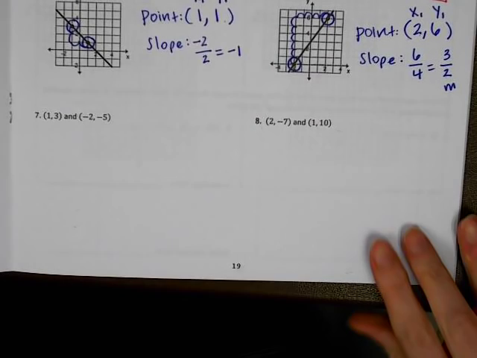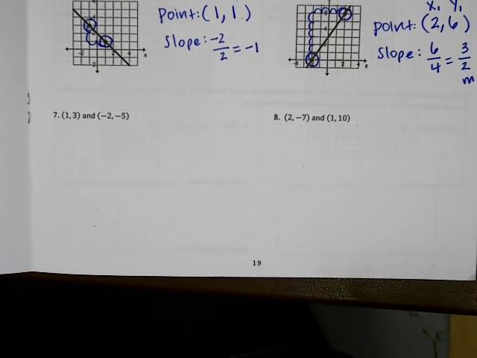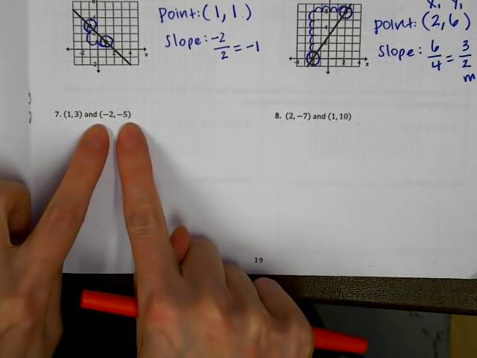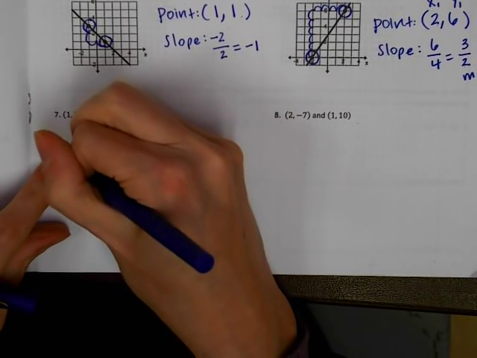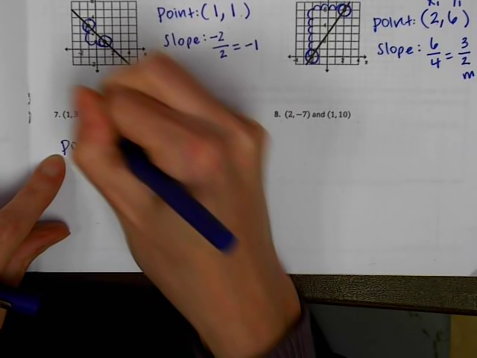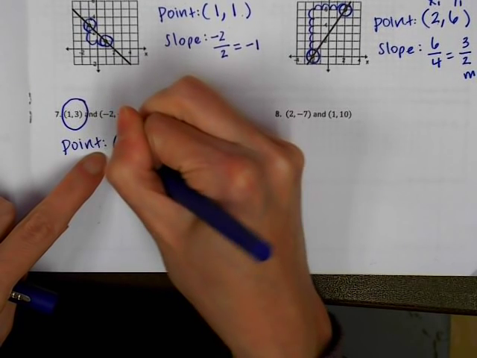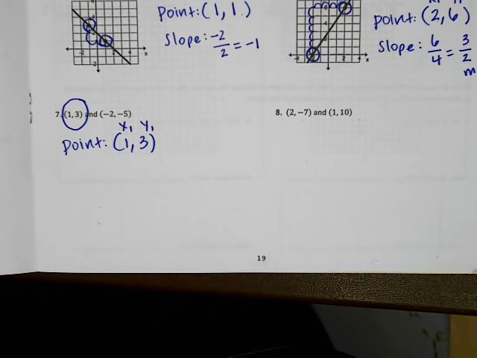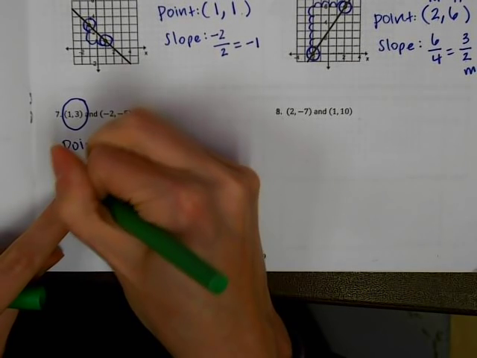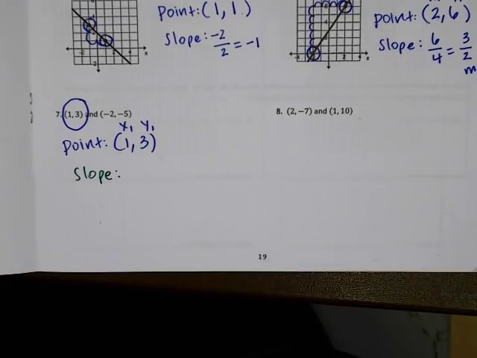Now, sometimes they don't even give you the slope. They give you 2 points. For my point, I'm going to use the first one, 1, 3. That's going to be my x1, y1. But what are we going to use for the slope? It doesn't tell us what the slope is. So you have to use the slope formula to find the slope first.